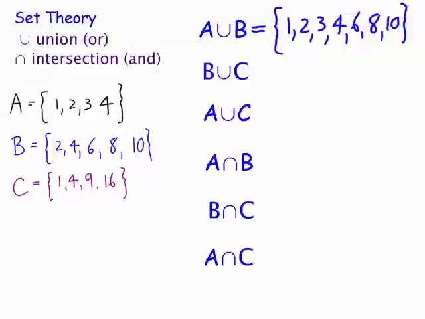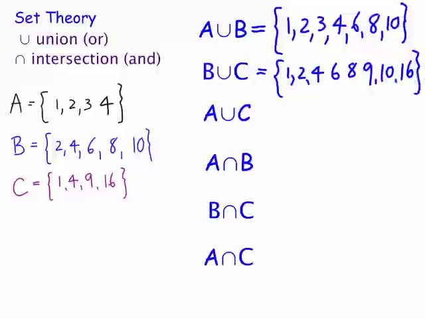Have a look at B union C. Let's have a quick look. We can see 4 is actually a common element there, so the union is 1, 2, 4, 6, 8, 9, 10 and 16.